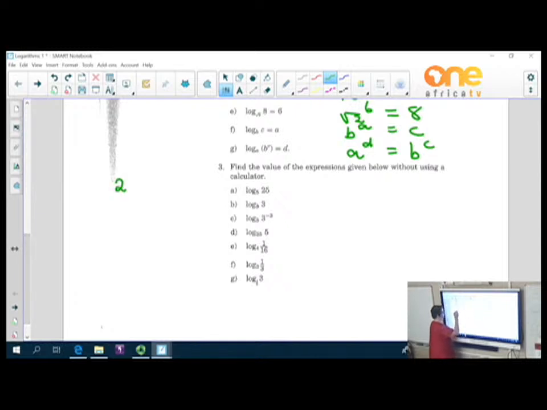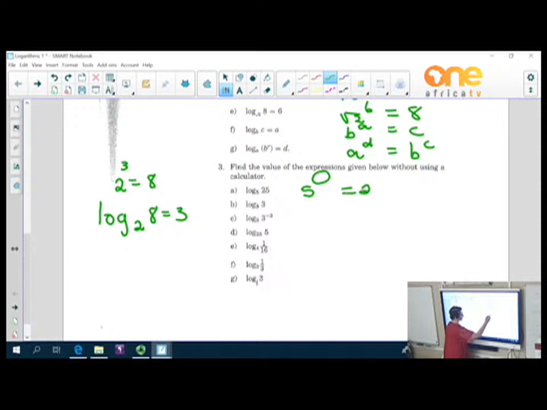So, do you remember? 2 to the power of 3 is 8. So, log base 2 of 8 is 3. So, I move there. So, this one will be 5 to the power of what is now 25. And we know that that is 2. 5 to the power of 2.